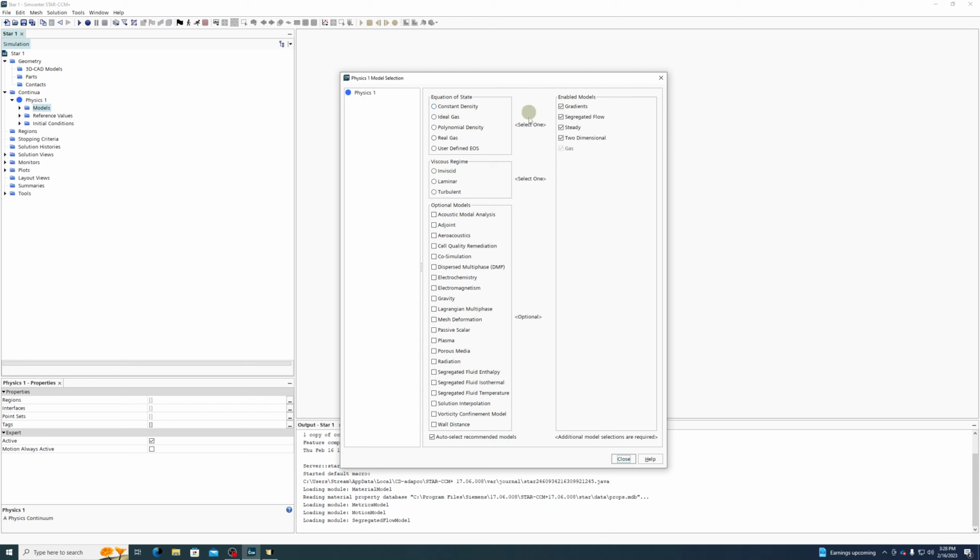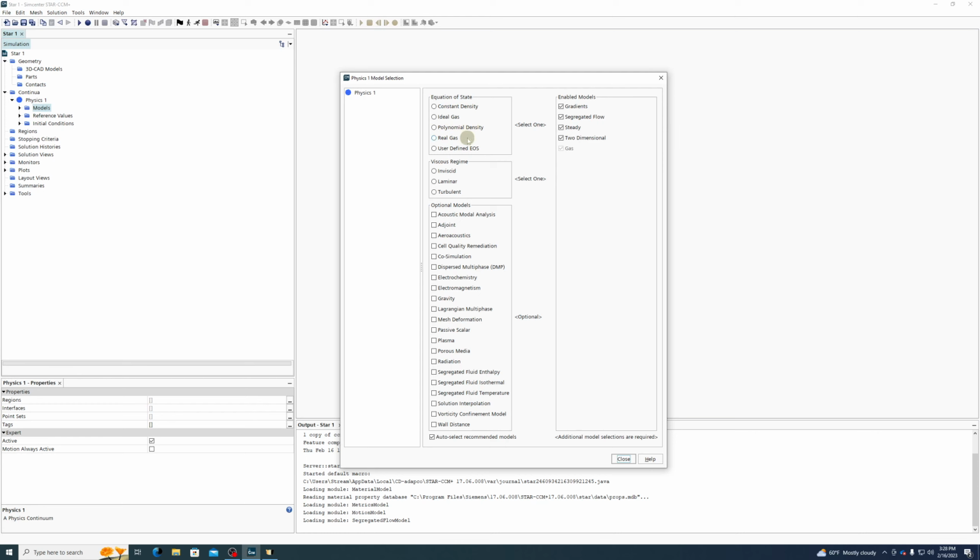Now, if we have a simulation where density is constant, and we know that's the case, we can select constant density. Or if we expect density to vary according to the ideal gas law, we can select ideal gas. We can select polynomial density if it's going to vary with something that's not the ideal gas law.